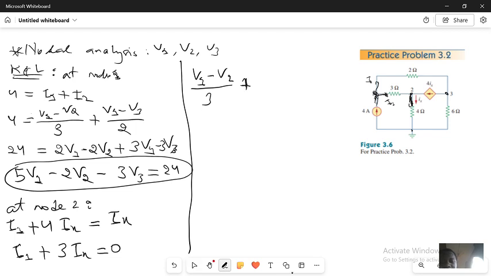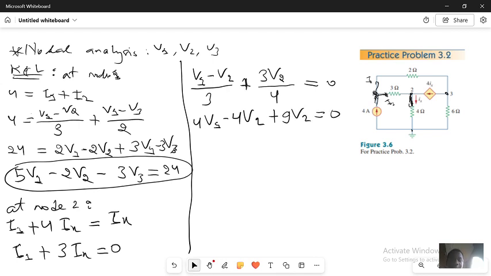It's going to be plus 3V2, because minus 0, no need to put the 0, divided by 4 equal 0. Now, if I want to remove this denominator, 3 multiplied by 4 is 12. So I will have 12 divided by 3, which is 4V1, minus 4V2, plus 12 divided by 4, which is 3. 3 multiplied by 3, 9V2, equals 0.